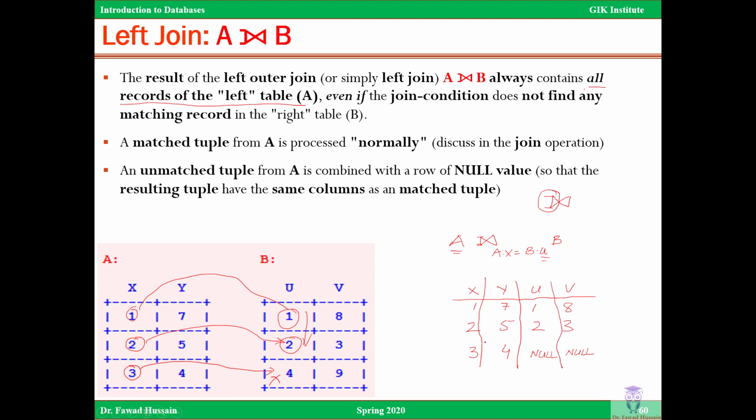Excuse me, it's not very easy to draw with this. So that's how it's going to look like. So this is the odd entry that has come as a result of the left outer join, and since there was no corresponding entry, we replaced it with null values.